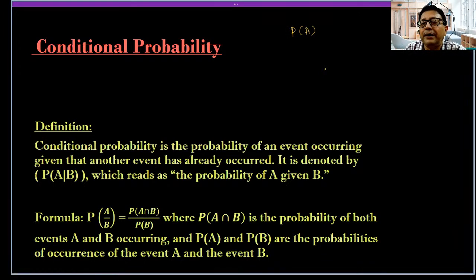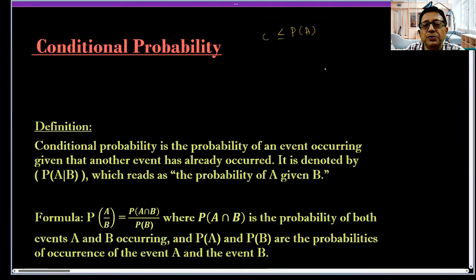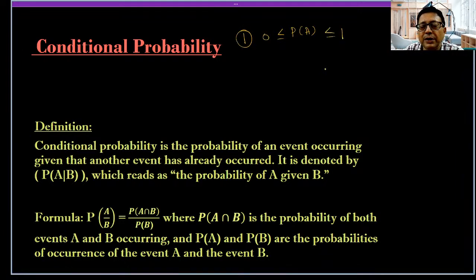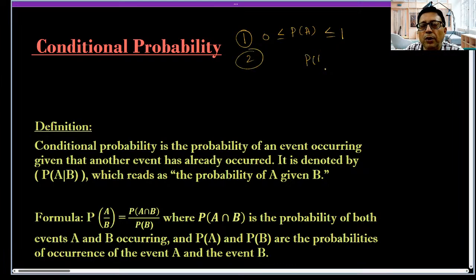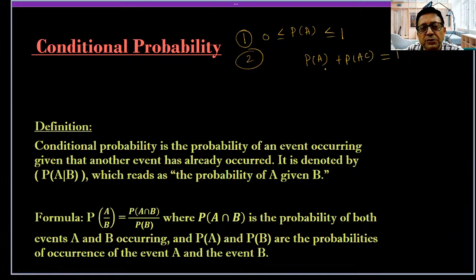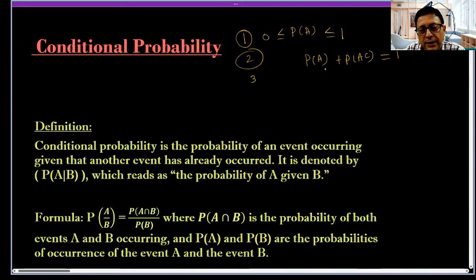Probability of an event is always greater than or equal to 0 and less than or equal to 1. Hope you all remember it. And number 2, probability of the event A plus probability of the complementary event is equal to 1.